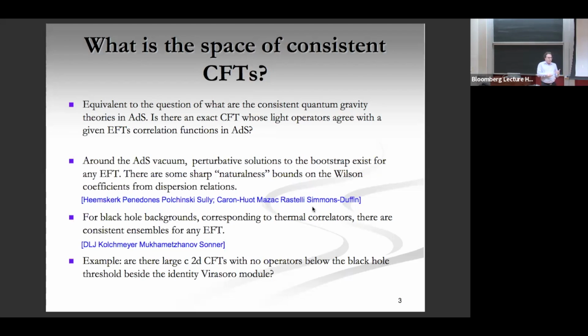It hasn't been studied as much, but in an example of this, really in 1 dimension lower, in quantum mechanics, going to 2D gravity, we found that you get a consistent ensemble of CFT data. And the reason why you get ensembles of CFT data is because if we discuss the correlation functions in a black hole background, the relevant microscopic information involves the 3-point function of 2 heavy operators and 1 light operator.